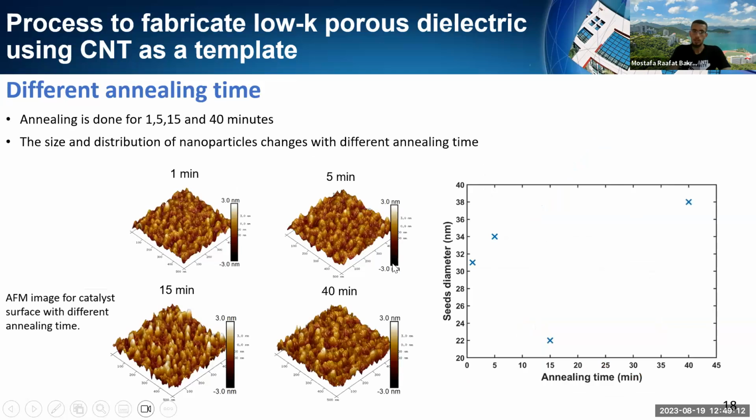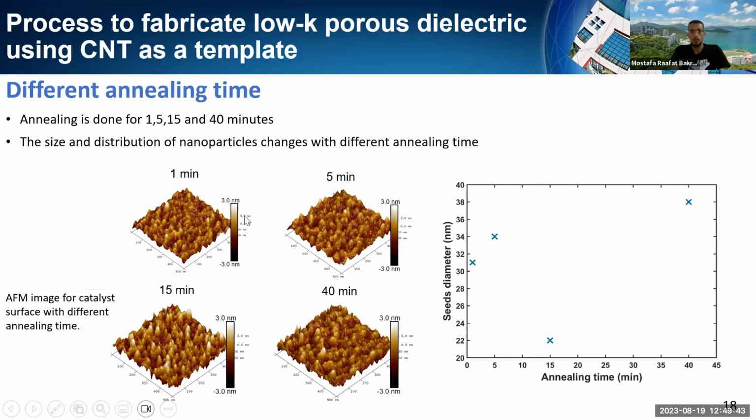Then we study the annealing process. We have done the annealing for different amounts of time. We found that in the beginning of the annealing process, using just a very small amount of time, the metal atoms began to diffuse and entangle together to form the metal nanoparticles as shown here, but just very few metal nanoparticles are formed.